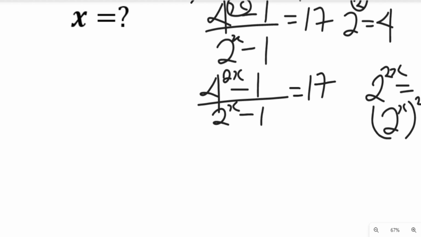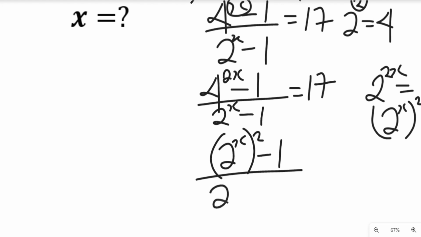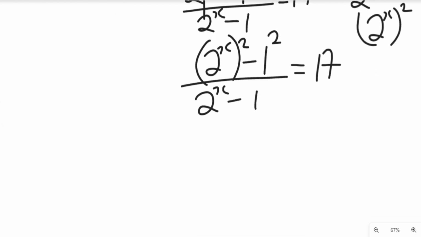So if we use that, we're going to have 2 to the power of x all squared, minus 1, divided by 2 to the power of x minus 1, equal to 17. We can put a square on the 1, because 1 squared is still equal to 1, and that makes it a perfect square.